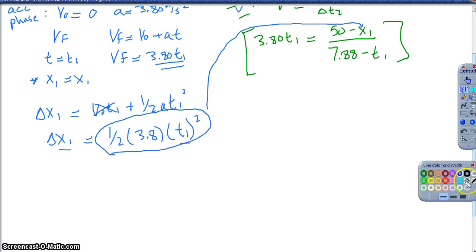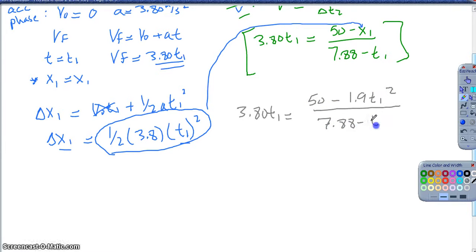So again, I'll go ahead and show this kind of coming all together here. We've got 3.8 t1 equals 50 minus, I'm going to go ahead and do 1/2 of 3.8, so 1.9 t1 squared, all divided by 7.88 minus t1.